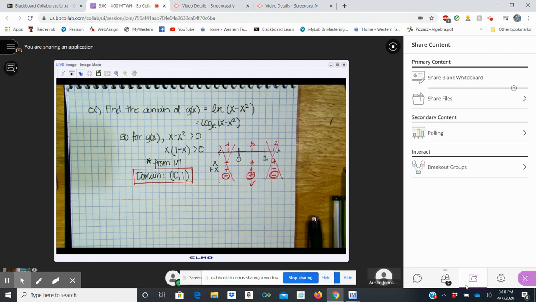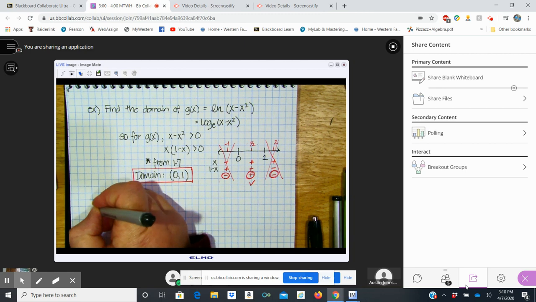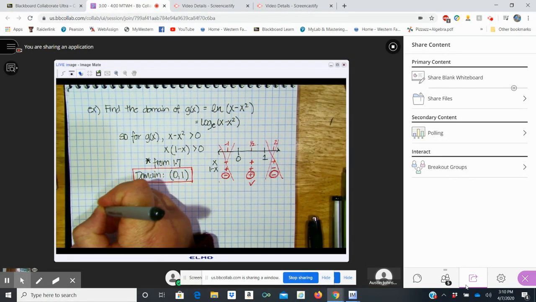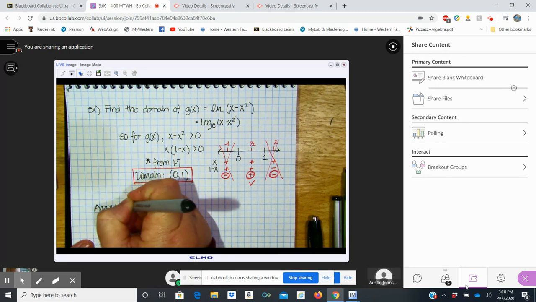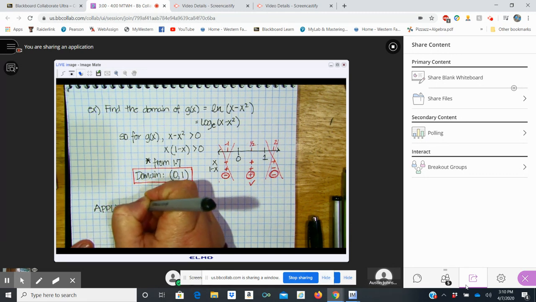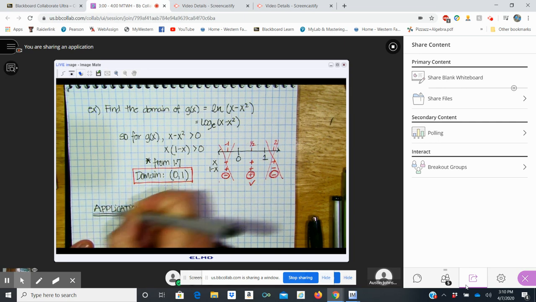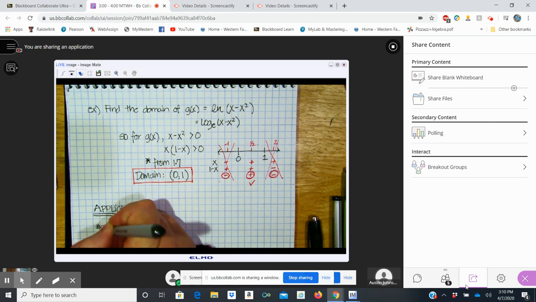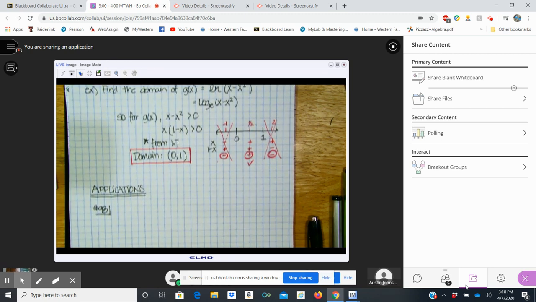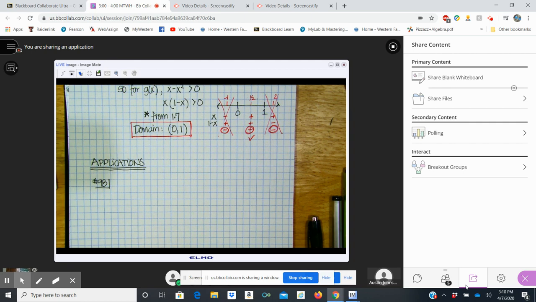All right. The only other thing in 4.3 that I didn't get to were some of the application problems. From your textbook, number 98 is a good example of what you're going to have here.